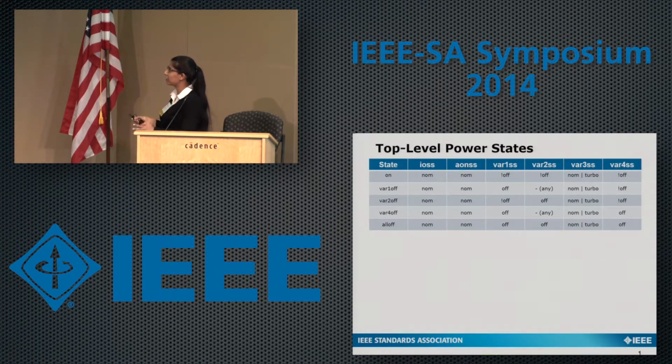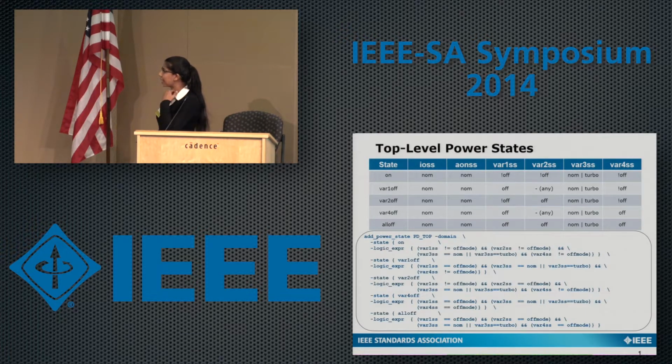And once you have this reduced logical table which models your system state based upon the individual power states, you can then create a command or a few lines of UPF which describe what your top level power state is in terms of the logic expressions of your individual supply states. So this is one way of modeling your system level power state.